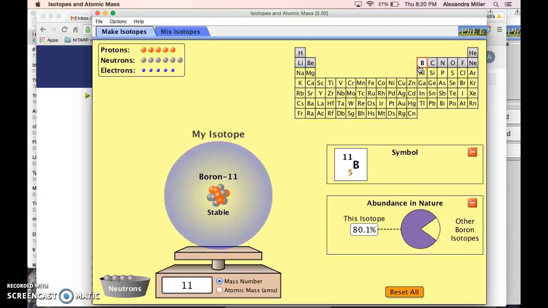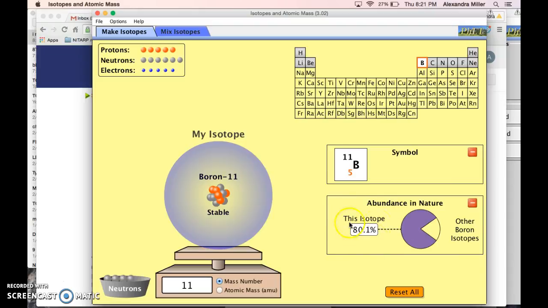Okay, so boron. Boron 11. 5 protons. You figure out for yourself how many neutrons. It is the most abundant isotope among all the isotopes of boron.